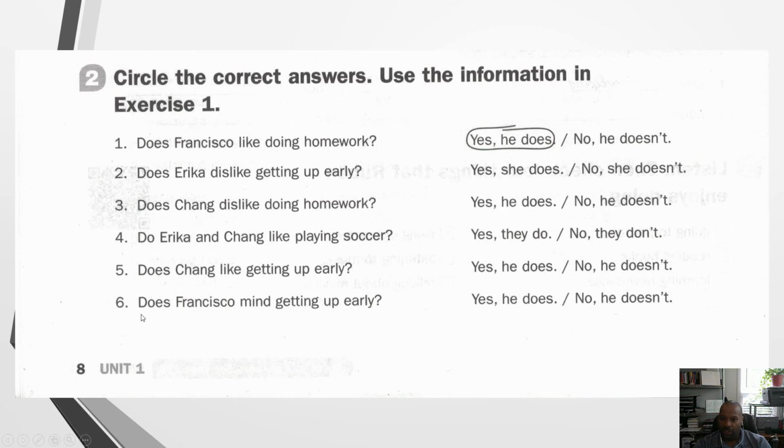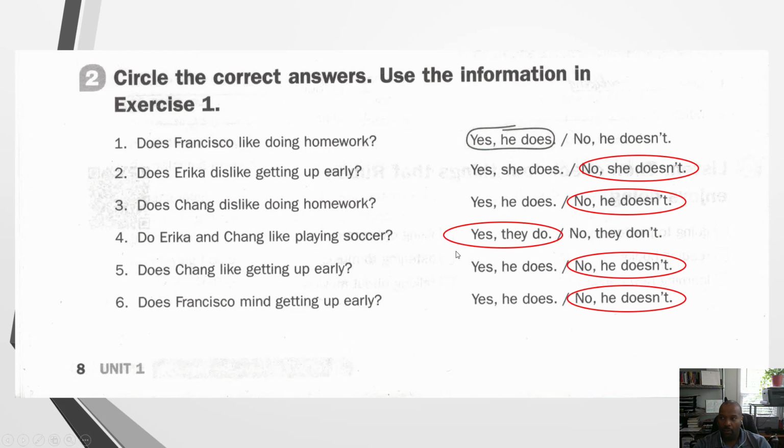And then number 6, does Francisco mind getting up early? I put down no, he doesn't. So these are my answers to those questions. Hopefully we have the same answers. If not, let's talk about those. And it would be good to go back and look at the chart as well.